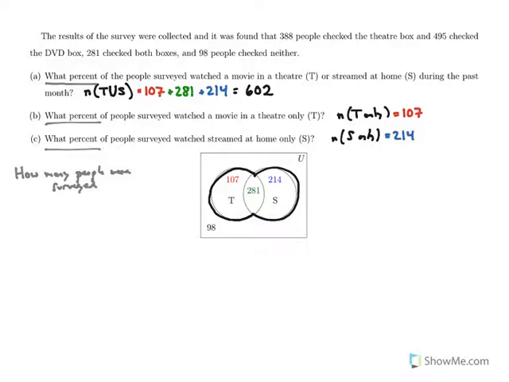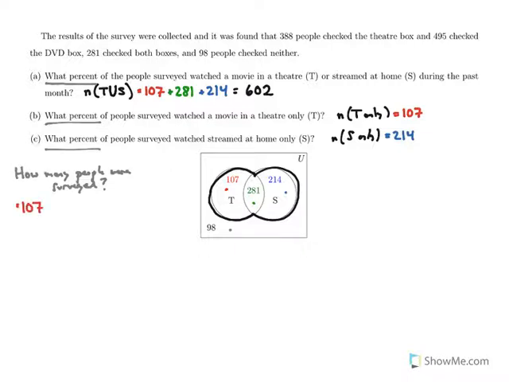And this is where our Venn diagram comes in handy, because we've labeled each individual chunk of the Venn diagram. There are kind of 4 spots. There's the stuff on the outside, the stuff in the T only, the stuff in the S only, the stuff in the intersection. So we just have to add up all those numbers.